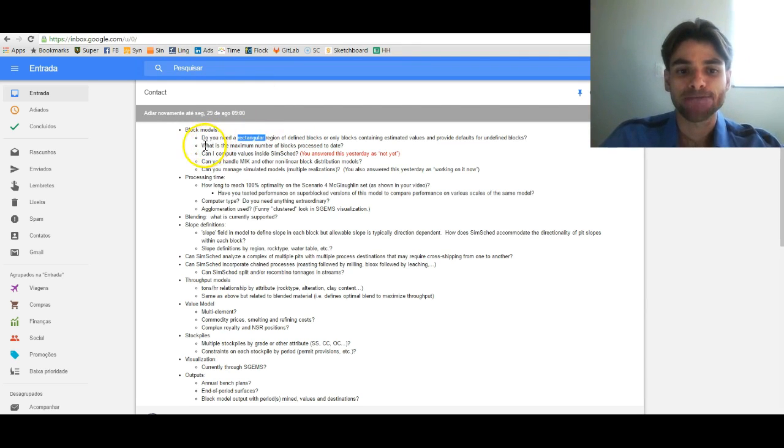Okay. What's the maximum number of blocks processed to date? Around 1 year ago, we are in August 2016, we tested a model with 240 million blocks and around 10 or 20 mining periods, if I'm not wrong.